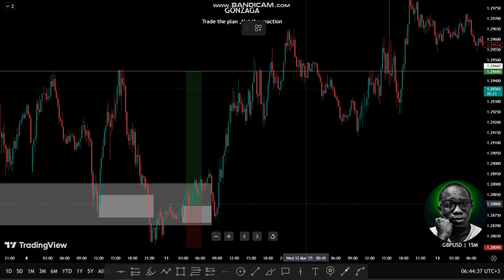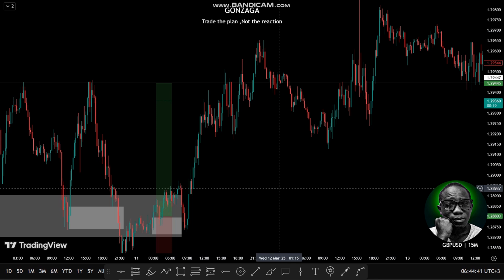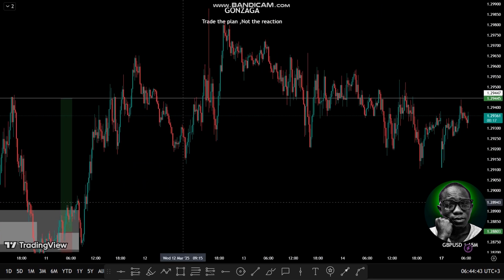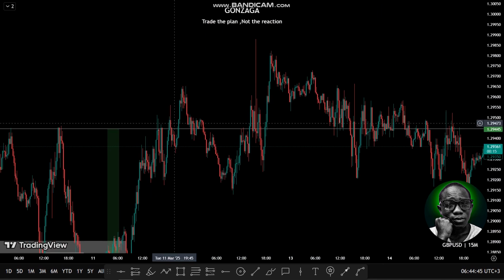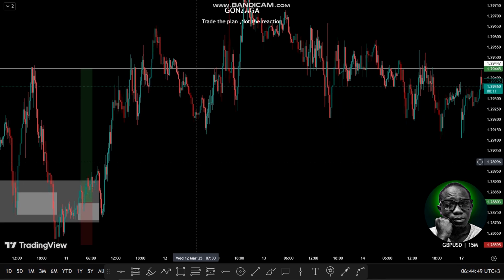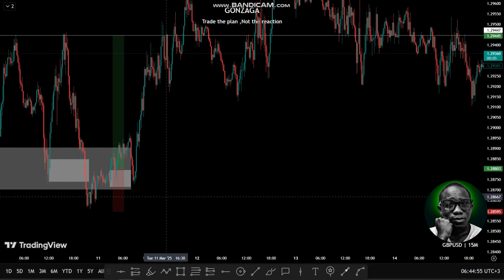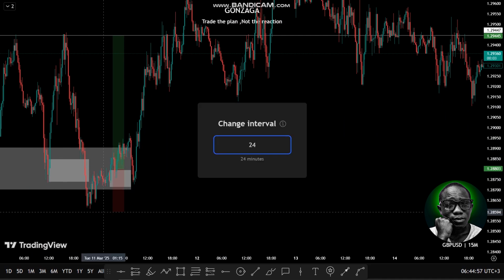After the market gave me this profit, it as well never broke the 4-hour time frame high, but since it had already swept this valid demand zone, let's go to the 4-hour. I'll show you.